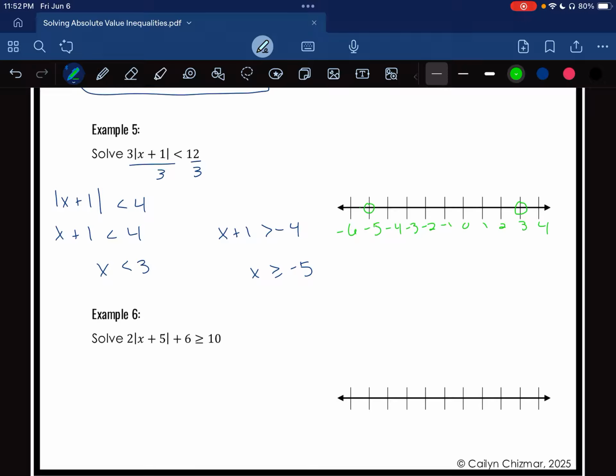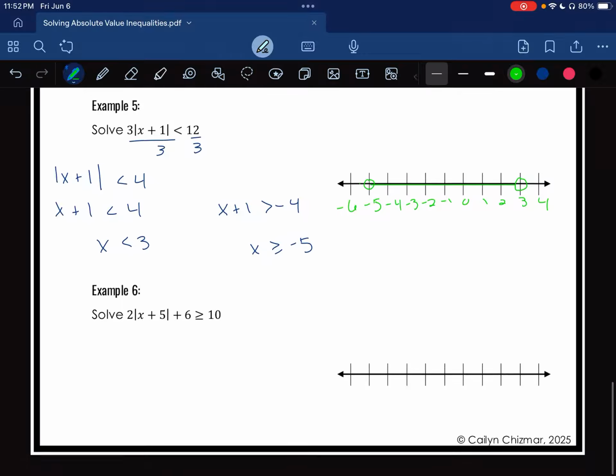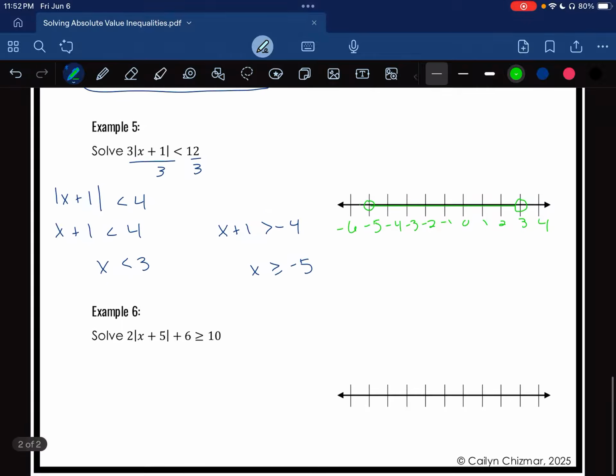Like so. A little number line. And the very last one, there's a lot of work to isolate this absolute value expression.